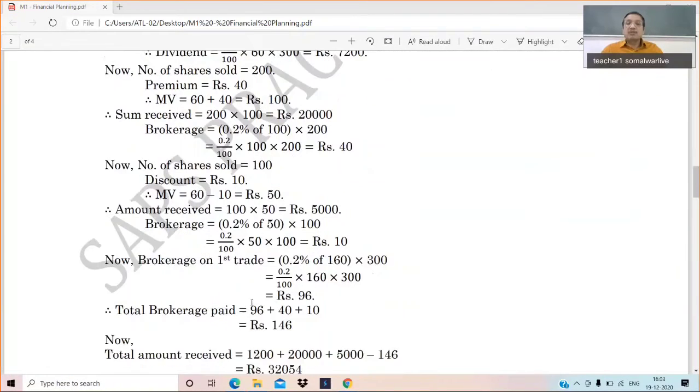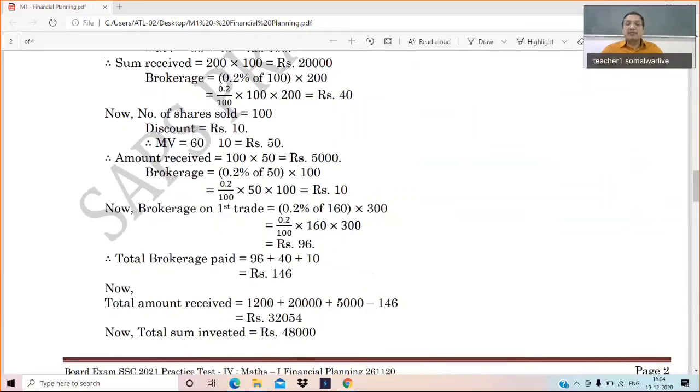So total brokerage paid was rupees 96 at the time of purchasing plus 40 at the time of selling the first time 200 shares plus rupees 10 at the time of selling the second time, that is 100 shares. So total brokerage he paid was rupees 140. So see how it becomes simple to calculate.